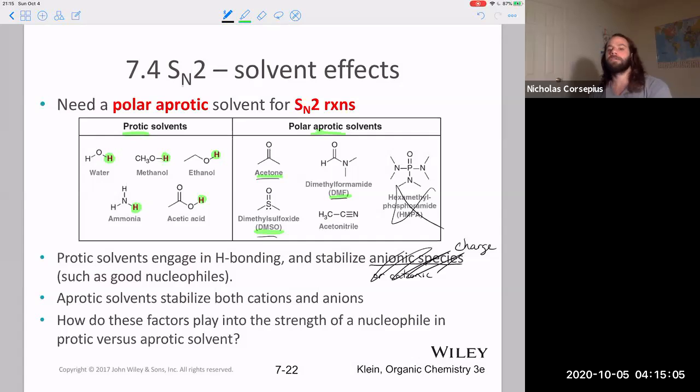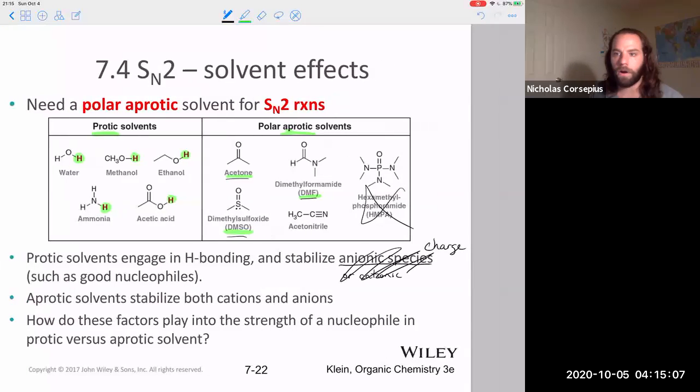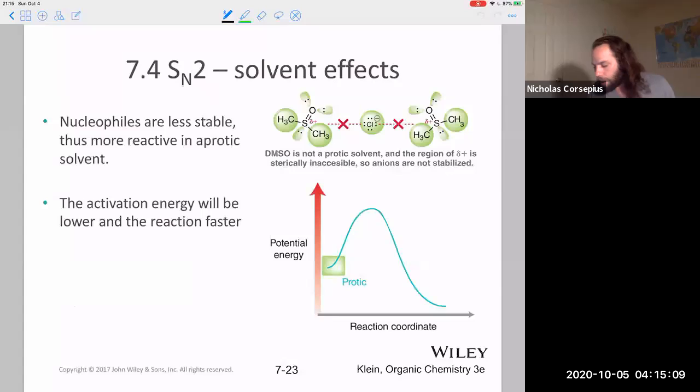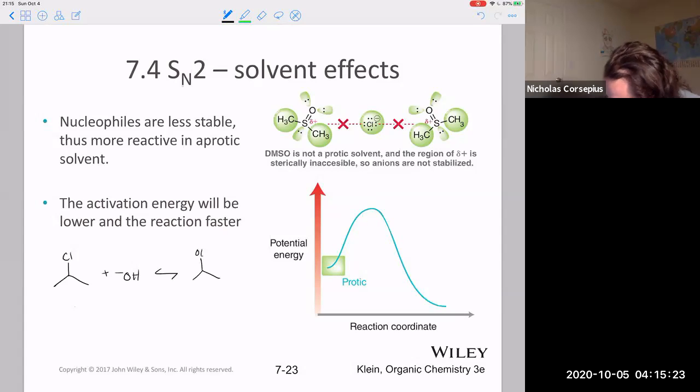Okay, so what does that mean for our reaction? Well, let's take this potential energy diagram here. What's important to remember is, let's do a simple little example. Here's an example of an SN2 reaction.